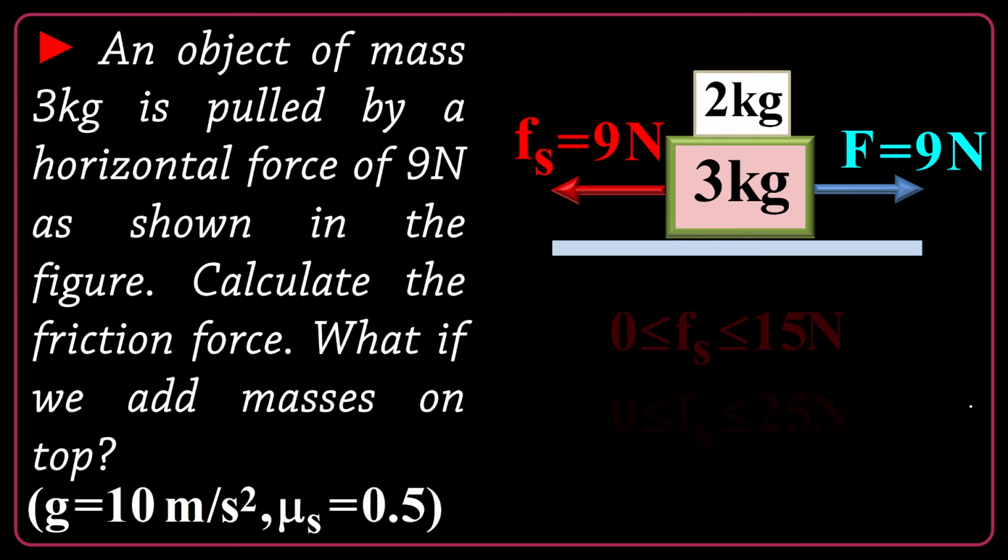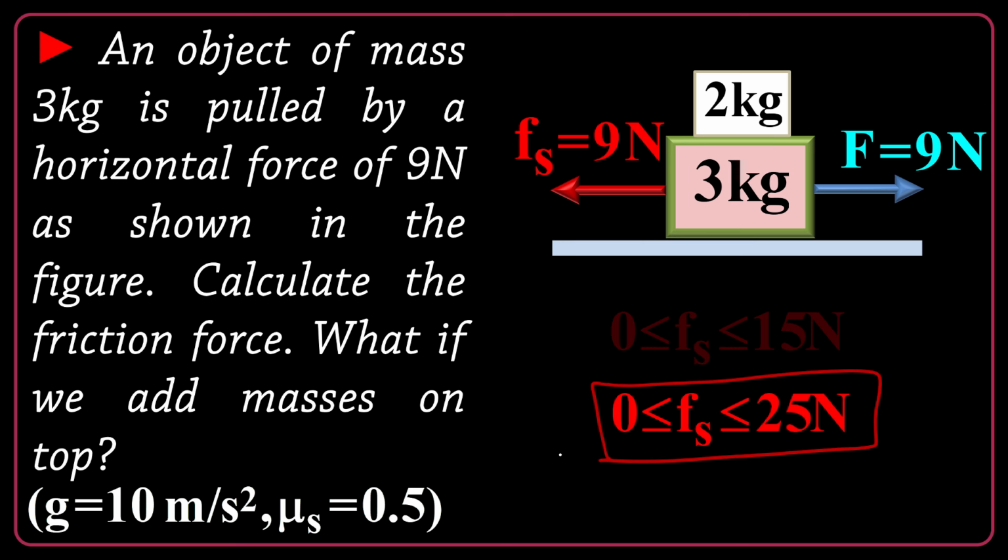So here I see the static friction will be something between 0 and 25. Okay, but how can I decide about Fs now? It's still 9, I think, because this 9 is opposed by exactly 9 Newton of force leftward, because this is very smart to keep it at rest, not more.